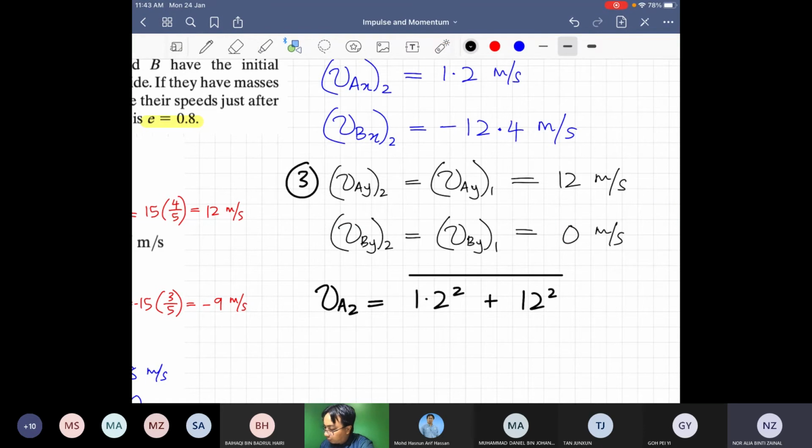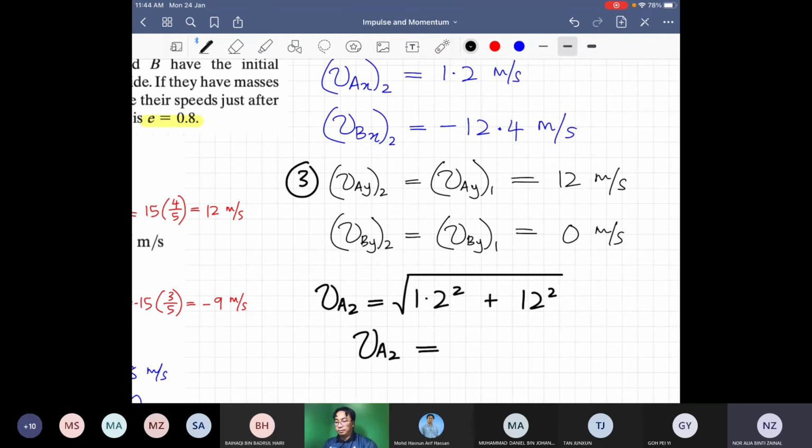Alright, so ini square root. So we will get VA2 sama dengan berapa? Alright, so here 1.2 square plus 12 square, square root, you will get 12.06 meter per second. So this is the first answer, that is VA2.